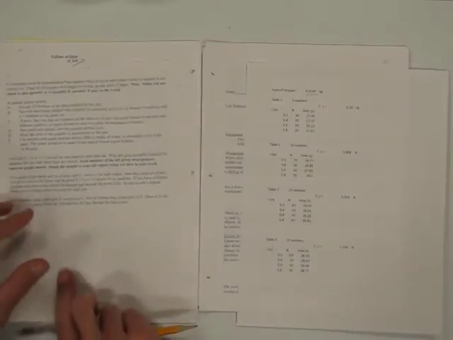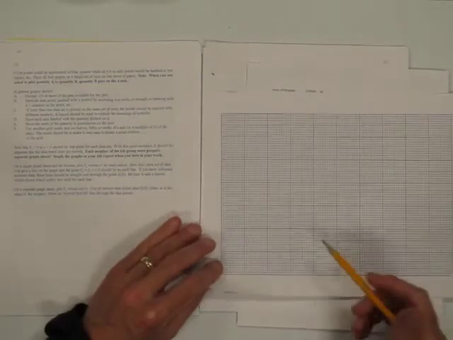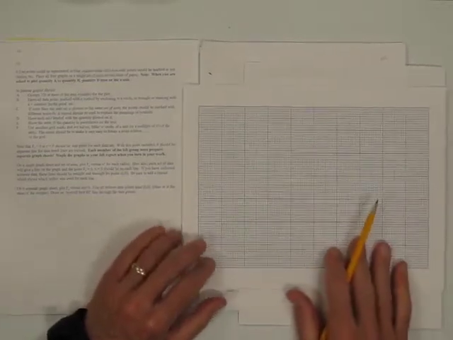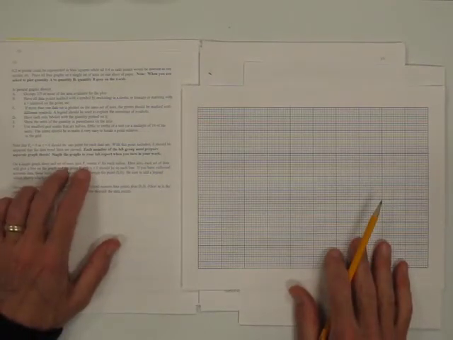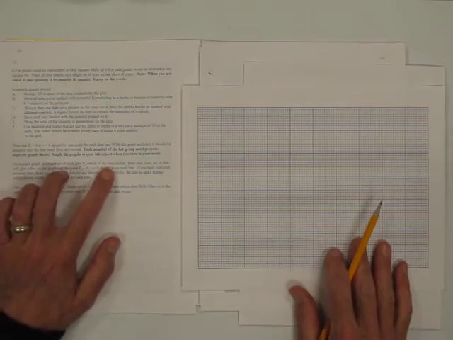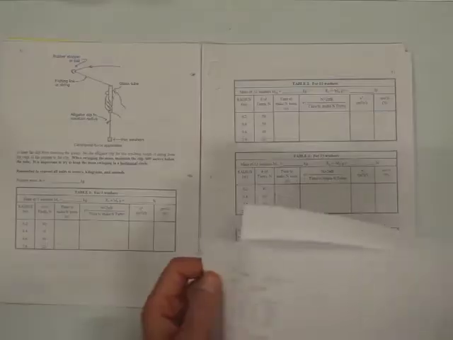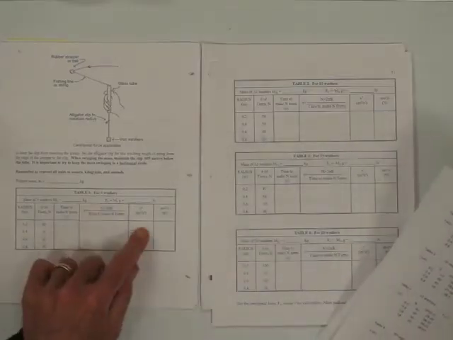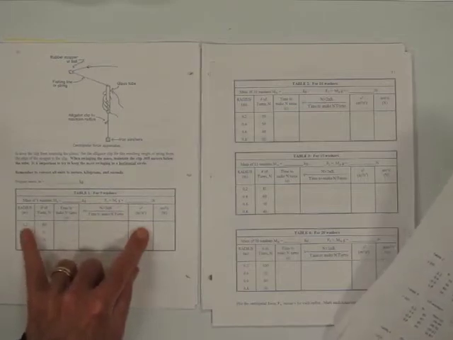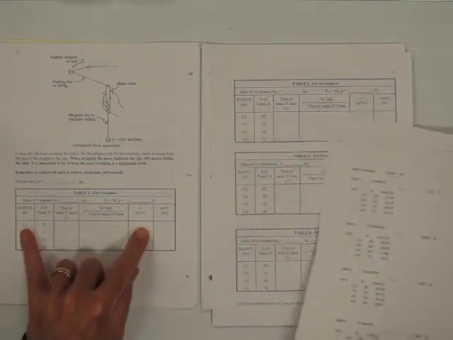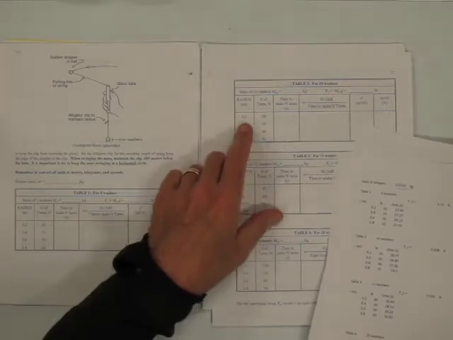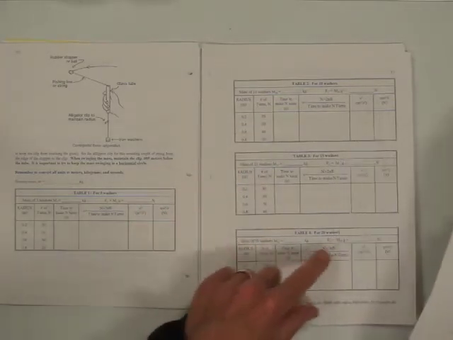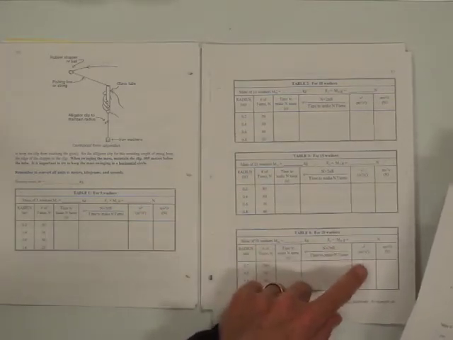Once you've got all this data filled out, print out one of the graph papers and, on a single set of axes, plot F versus v squared for each radius. You're going to plot F sub c versus v squared for r equals 0.2, and so on for each case.